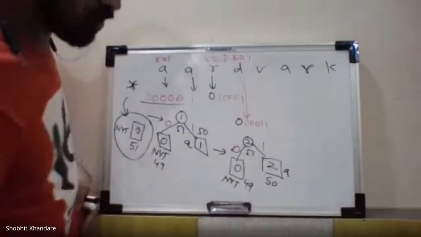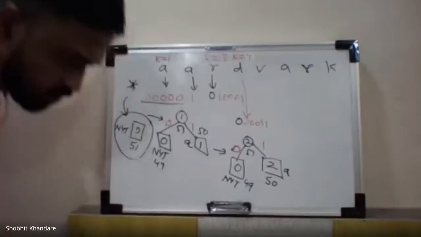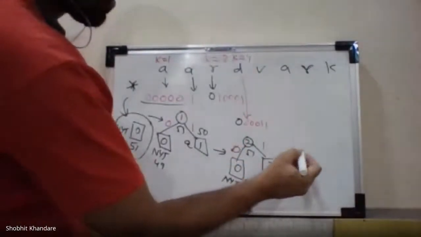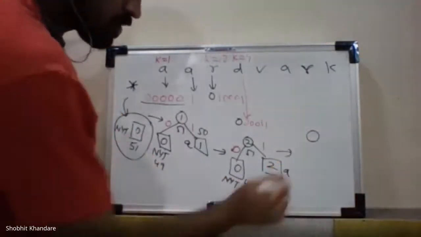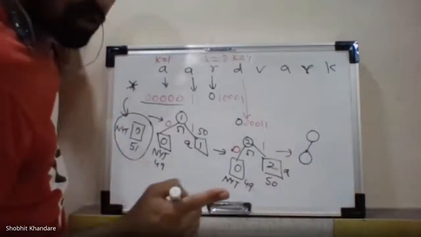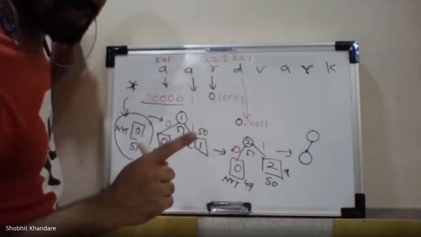Now I will include this R into the tree diagram. Again refer to the previous diagram that you made. So yes, I'm going to update. And always you know the children are added at the NYT.